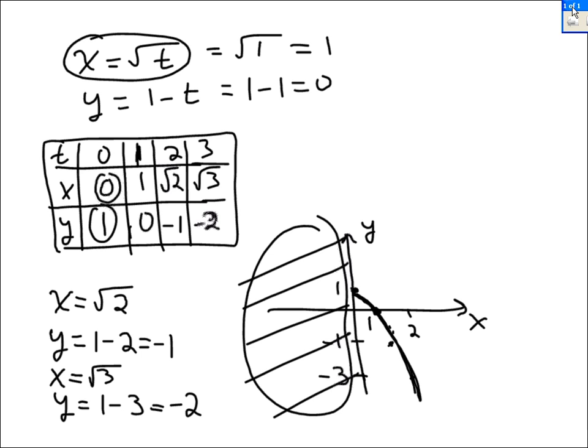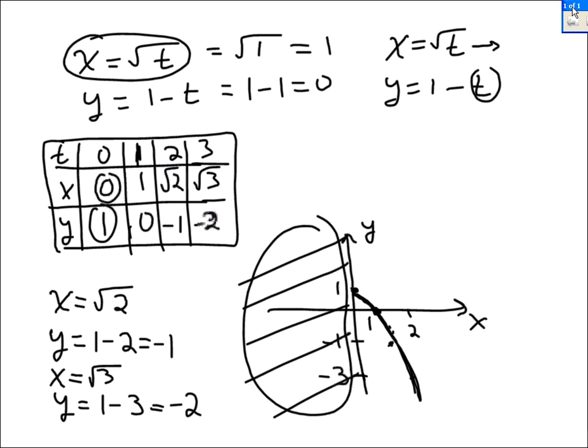Now, we could, say, eliminate the parameter. We could eliminate t. We know that x is the square root of t and y equals 1 minus t. If I can write t using x's, then y would equal stuff that has x's in it.